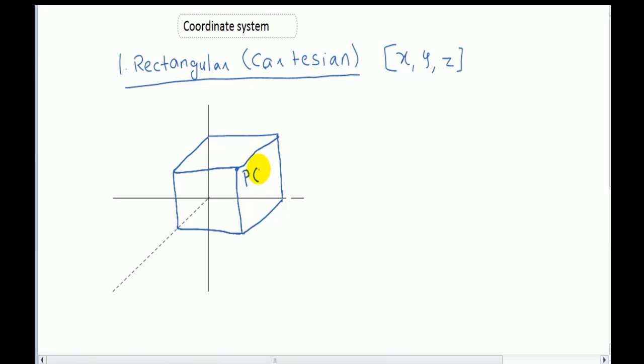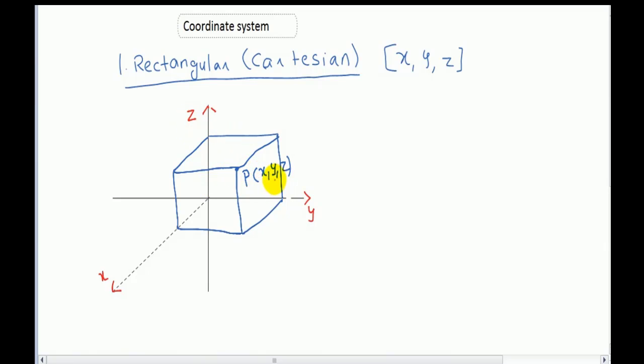So this point having coordinates x comma y comma z, and first of all I will mark where is my x and y and z. So this is my x, this is my y and this is my z axis.